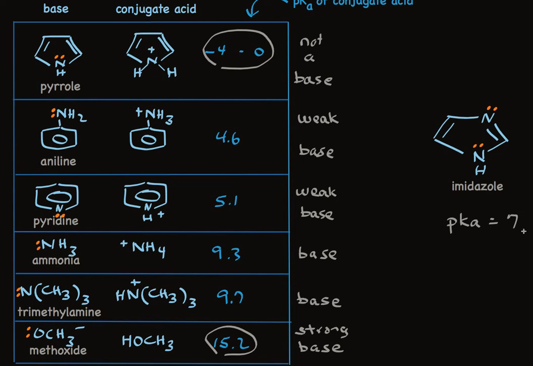Now I have a question for you. Which nitrogen is protonated when it is protonated? It turns out to be an easy one to answer. This nitrogen is like the nitrogen in pyrrole. And we know that pyrrole nitrogen isn't protonated at all. This nitrogen is like pyridine. And we know that the pyridine nitrogen is protonated. It's a weak base, but it's a base.